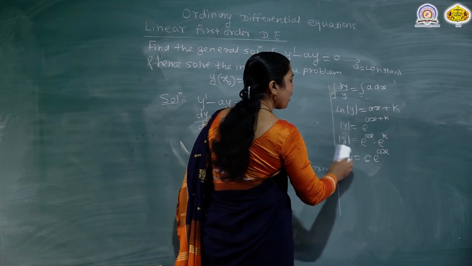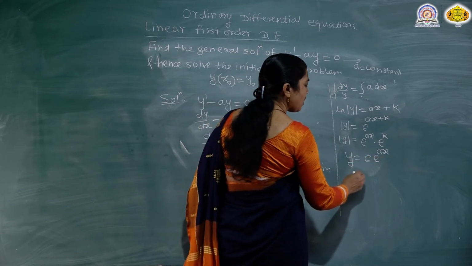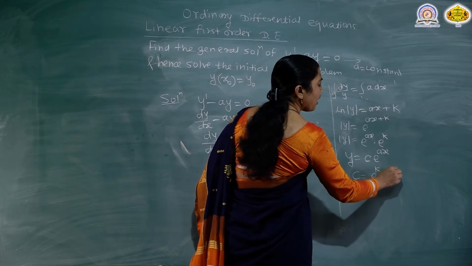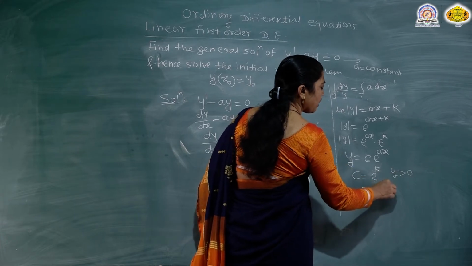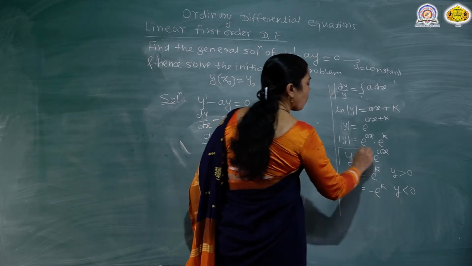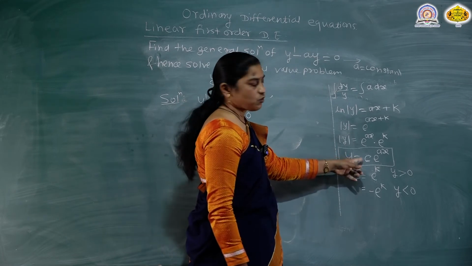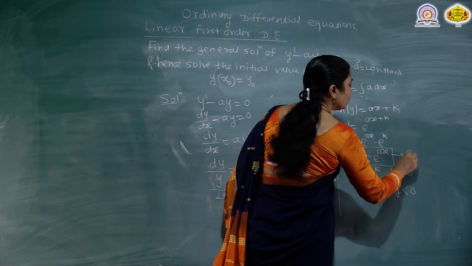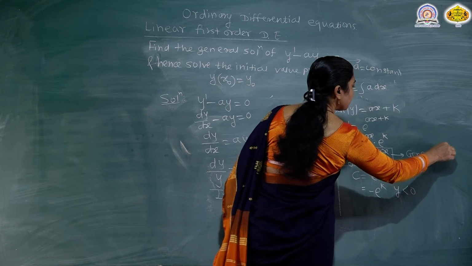Or we can say |y| = c e^(ax). Or we can say simply y = c e^(ax), where c is e^k if y is greater than 0, and it is -e^k if y is less than 0. That is, c is a constant. So observe that y = c e^(ax), where c is a constant, is known as the general solution of this differential equation.